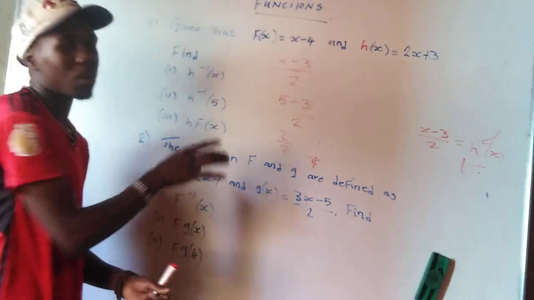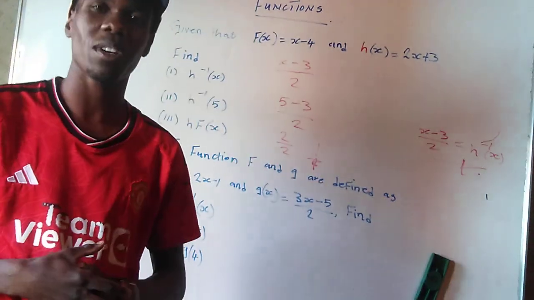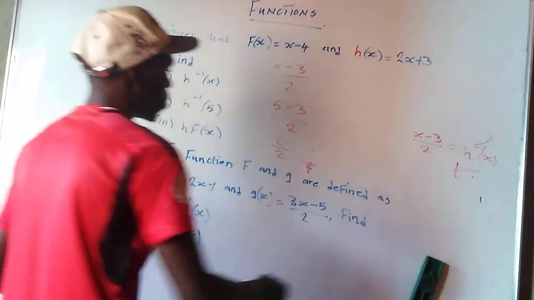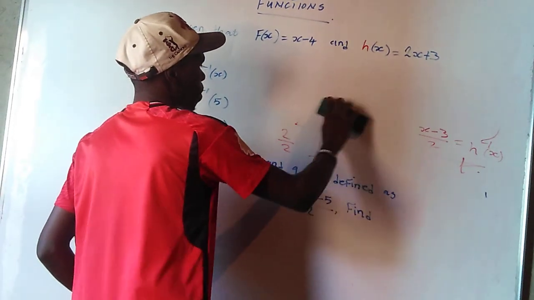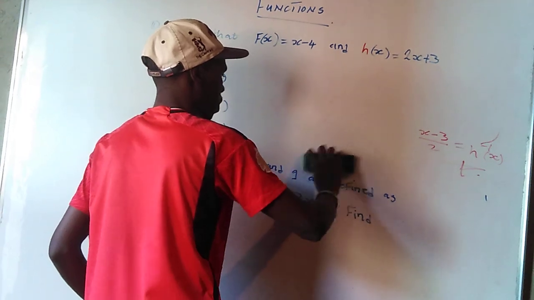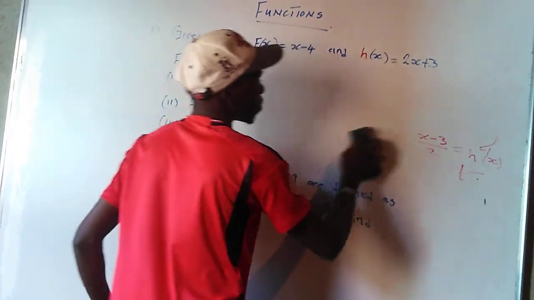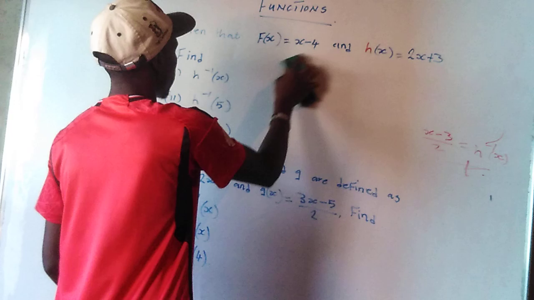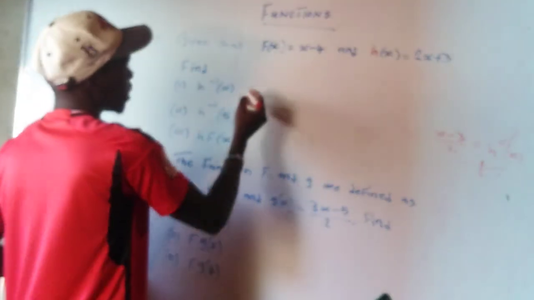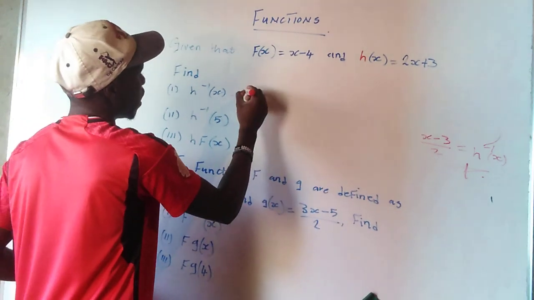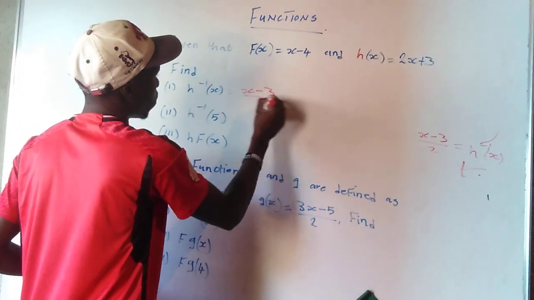Okay, let's talk about the last solution, which is Roman numeral number 3. So here we said the solution is x minus 3 over 2.